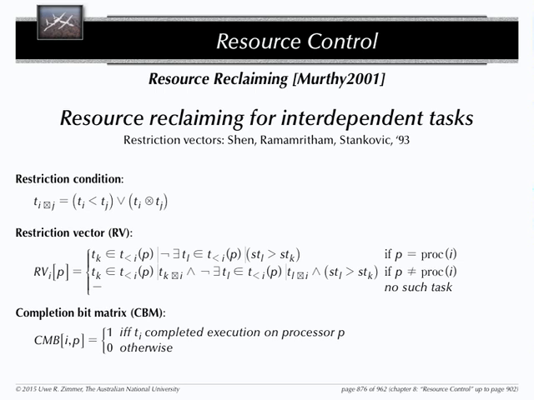If that's the case, you have two possibilities how to get an entry in your restriction vector. You have a restriction vector for every CPU in your system. You have a restriction entry for every CPU in your system. And this gives you an efficient data structure to find out what is the one task I have to keep an eye on, the one task I'm not allowed to overtake.